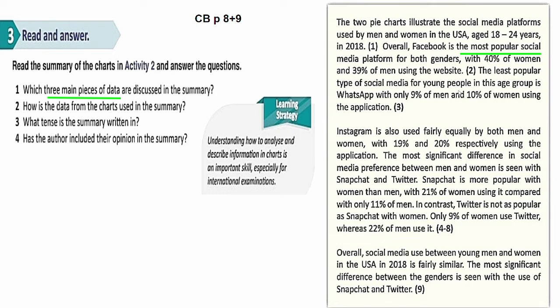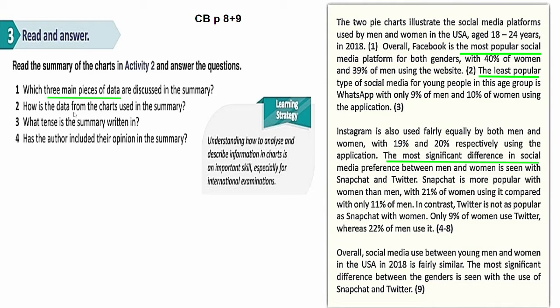We have the most popular type of social media. We have also the least popular type of social media. And finally, the third one is the most significant difference in social media.